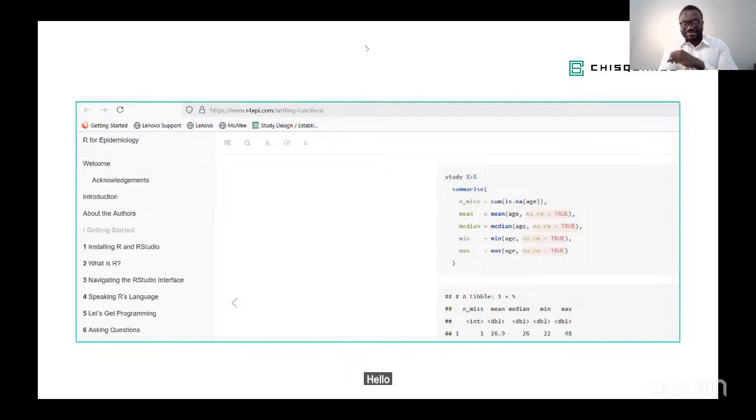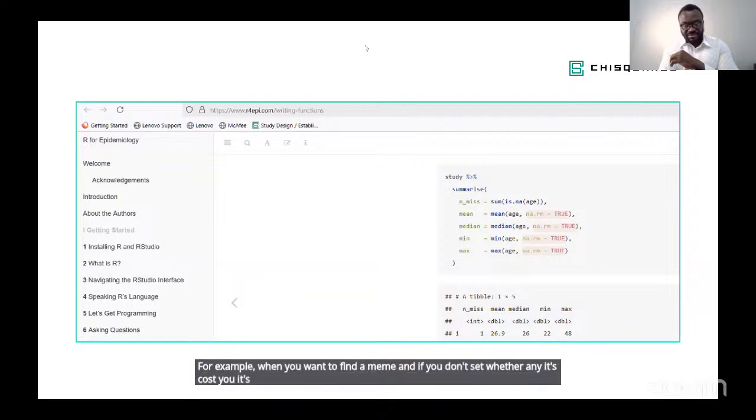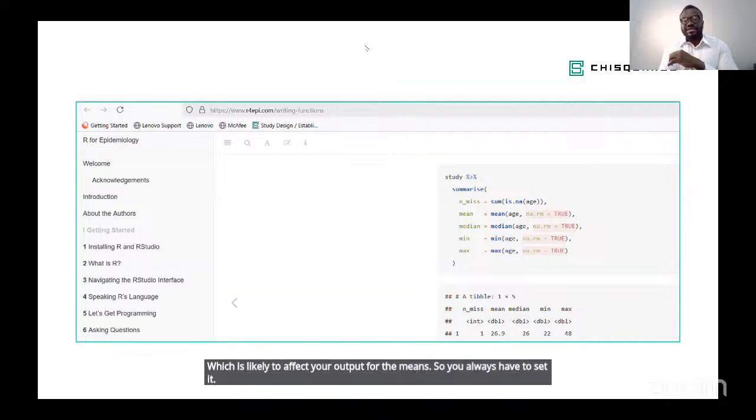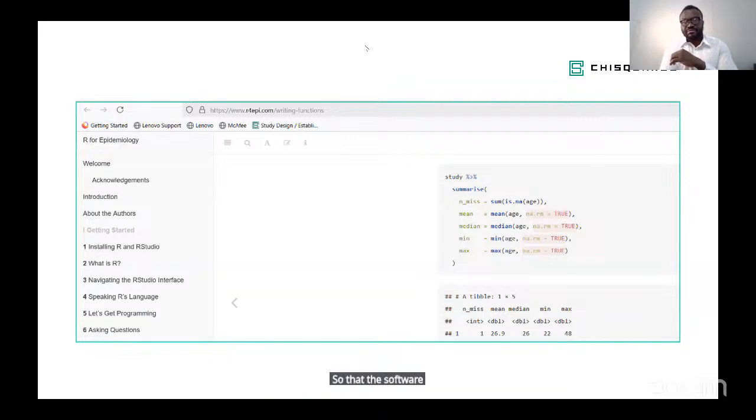Hello, my name is Miriam. So to answer the question, when you want to find the mean, and if you don't set whether na.rm is true, it's going to treat the NA values as an object, which is likely to affect your output for the mean. So you always have to set it so that the software would understand it as such. Thank you.